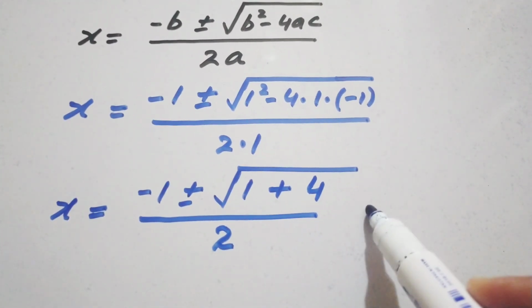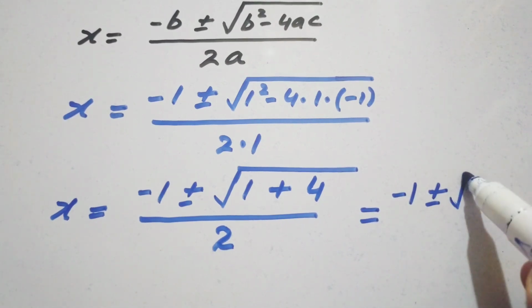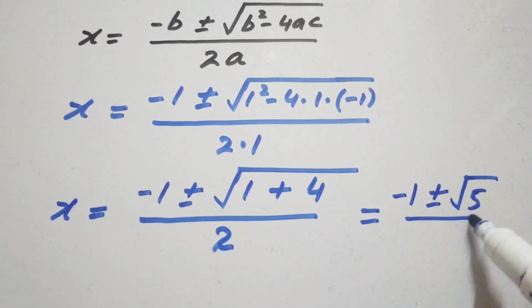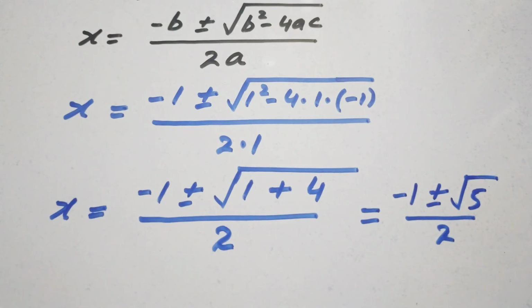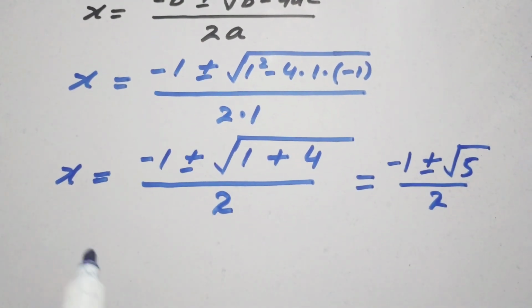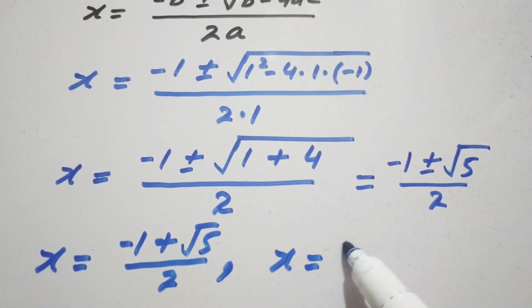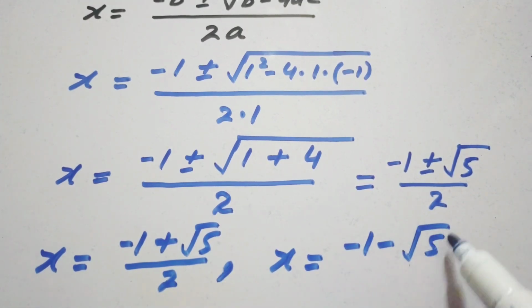So now x is equal to negative 1 plus or minus square root of 1 plus 4, which gives us 5, divided by 2. From this we get two values, x is equal to negative 1 plus square root of 5 divided by 2 and x is equal to negative 1 minus square root of 5 divided by 2.